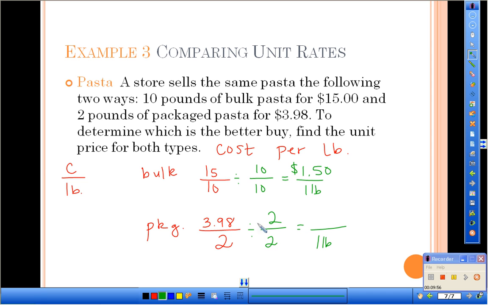And $3.98 divided by 2 is $1.99. So for the packaged pasta, you're going to be paying $1.99 for every pound. So by looking at these two unit costs, you can see that the bulk pasta is the better buy because it is cheaper per pound.